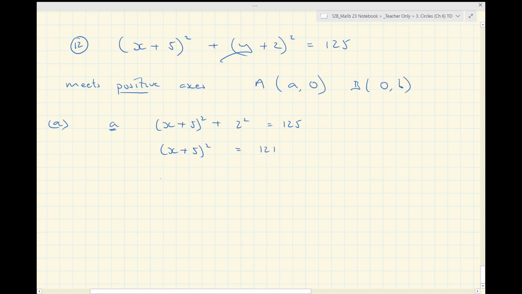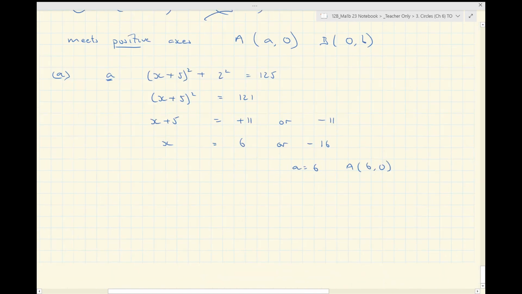Look, root both sides, x plus 5 equals the square root of 121, which is plus 11 or minus 11. Take 5 off both sides, so x would be 6 or minus 16, but I know that I'm dealing with the positive axes, don't I? So I know that x must be 6, so little a equals 6, and A has the coordinates 6, 0.